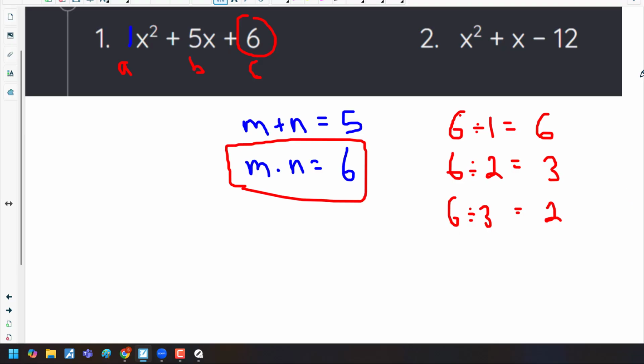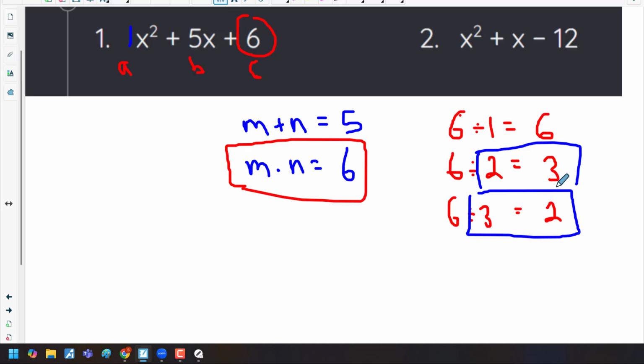But there's a trick here. You don't have to waste your time. Once you have the numbers repeating, meaning I have 2 and 3 here, and then 3 and 2, the 2s and 3s are repeating, so I don't need to go past this point, because you've already calculated all the possible combinations and factors for 6.